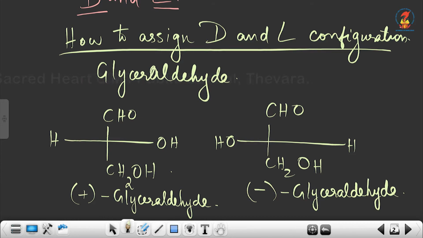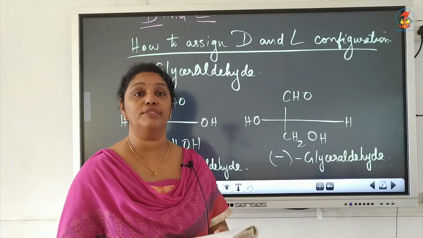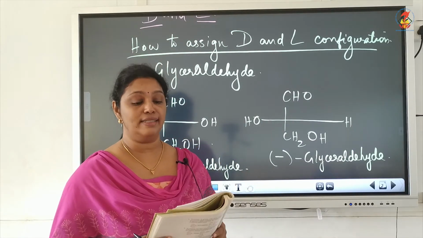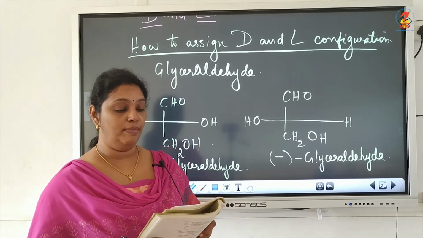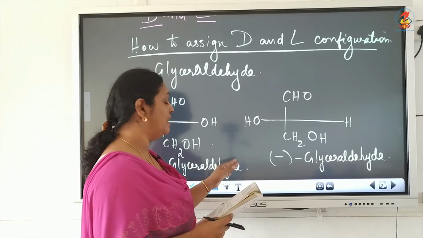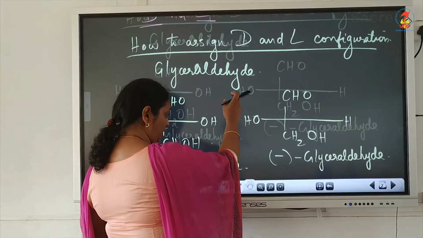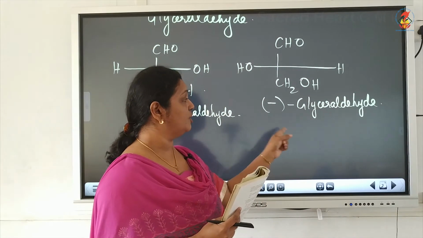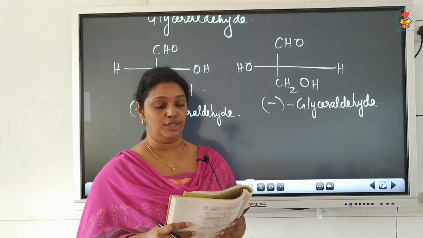To assign capital D and L configuration to a compound, we compare the structure of the compound with the structure of plus and minus glyceraldehyde. All the compounds which can be correlated to the plus isomer of glyceraldehyde are said to have D configuration, and those which can be correlated with the structure of minus glyceraldehyde are said to have capital L configuration.